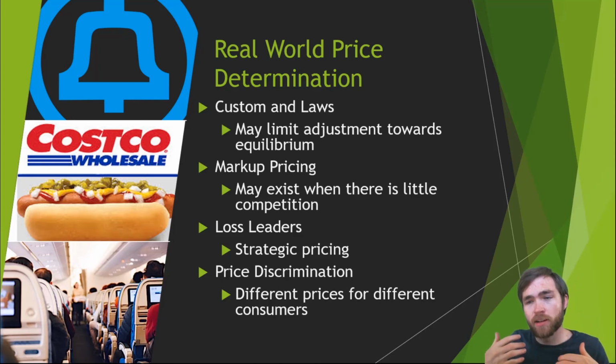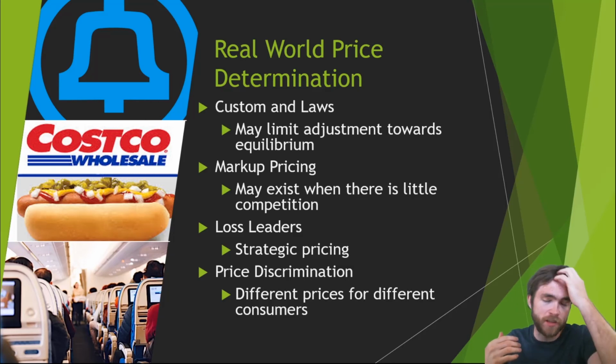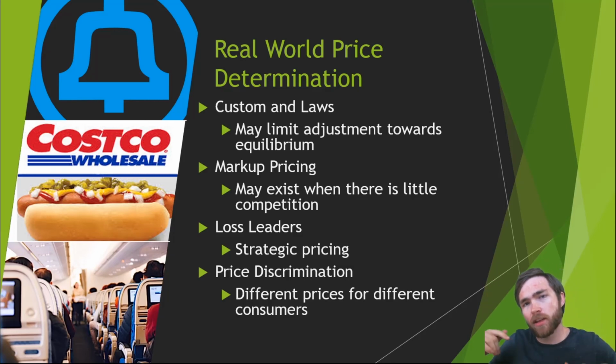Another example of a custom limiting adjustment towards equilibrium that I find kind of interesting is a lot of times gas stations in small rural towns will adjust their prices more slowly, because gas stations in cities are in competition with one another a lot more intensely. And so if the price of oil increases, they know that they're going to have to pay more to obtain gas in the future to sell to their customers.